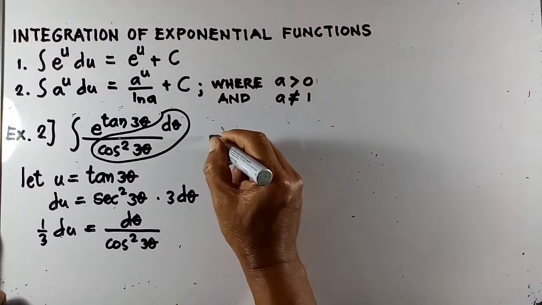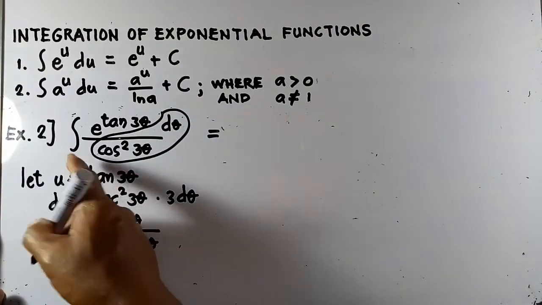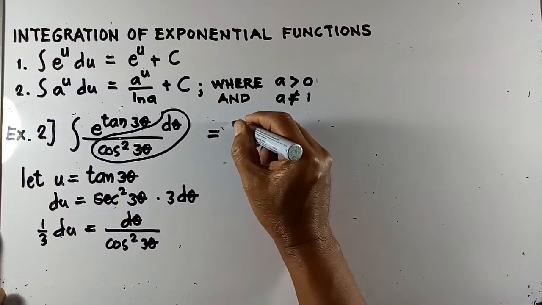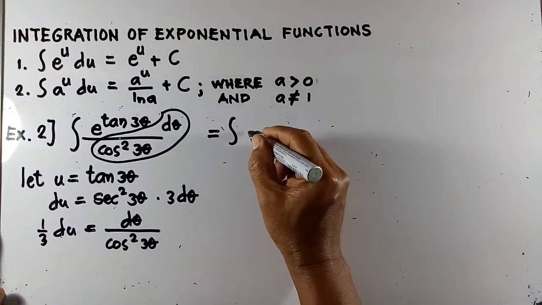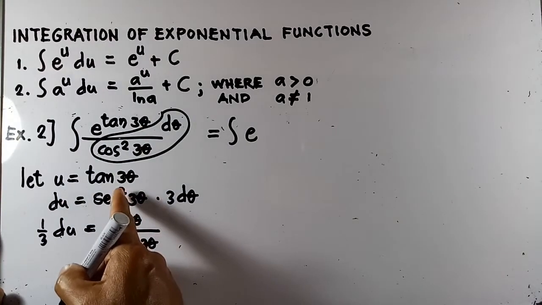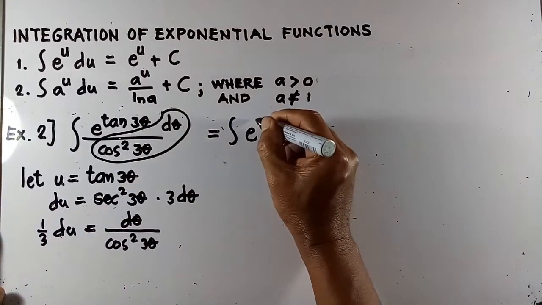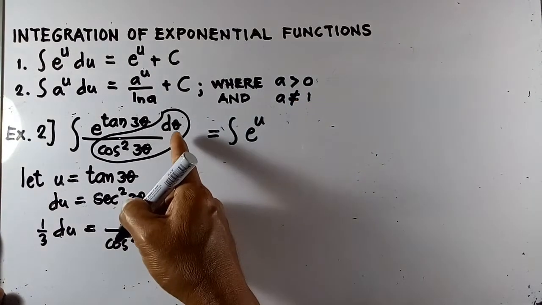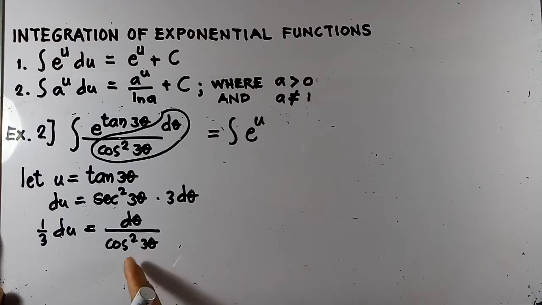Kaya rin nun, yung ating problem, susulat natin in terms of u. So meron tayong integral sign. Meron tayong e raised to tangent of 3 theta. But tangent of 3 theta equals sa u. And then times d theta divided by cosine squared of 3 theta.